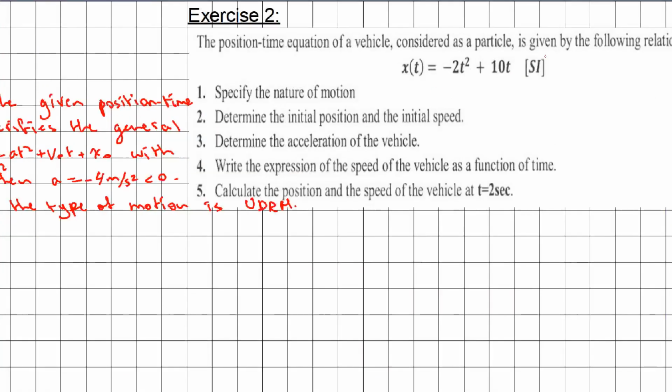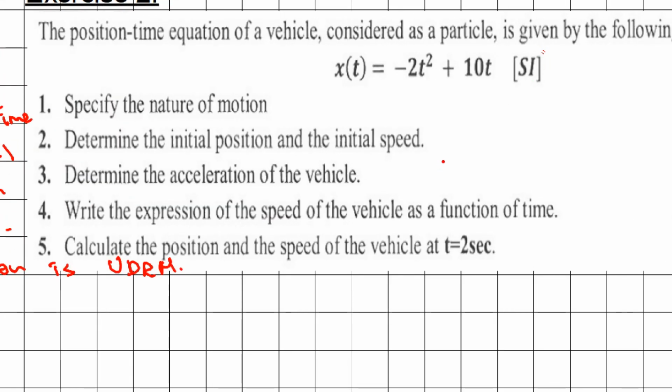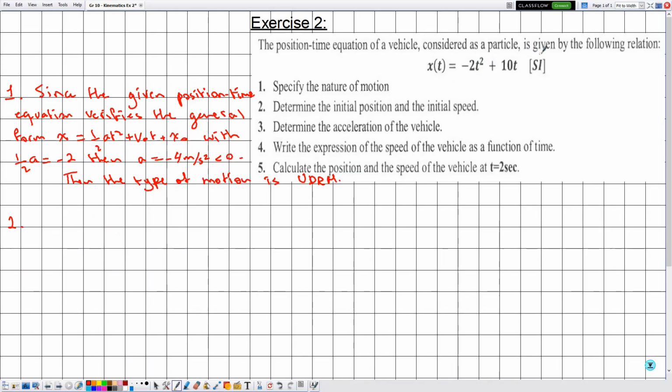Now in number 2, determine the initial position and the initial speed, and this can be done by comparing the given position time equation and the general equation. So we have that x of t, or x for short, is given by minus 2t to the power 2 plus 10t, whereas the general equation is given in the form of half a t square plus v0 t plus x0.